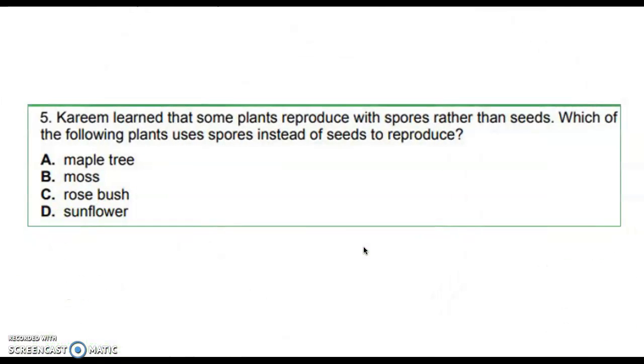All right, so let's go over this problem. It says Kareem learned that some plants reproduce with spores rather than seeds. Which of the following plants uses spores instead of seeds to reproduce? Is it a maple tree, moss, rosebush, or sunflower? Go ahead and hold up your finger.